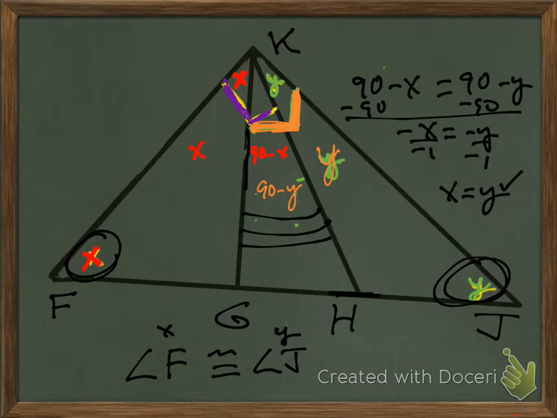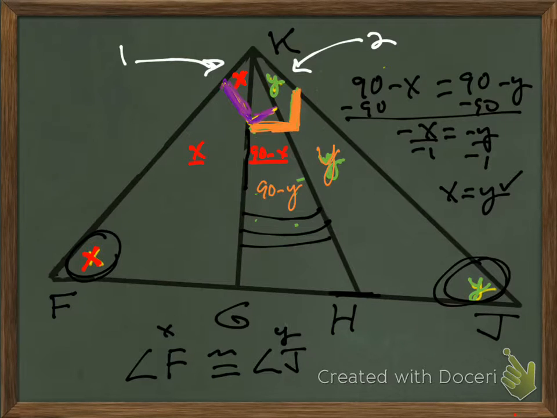You can see that if F and 1, and remember angle 1 was right here, are congruent, and then we also had that angle J and Y, which was our number 2, are congruent, you can see how I have in red here, well then X plus 90 minus X has to make the right angle that I have here in purple.